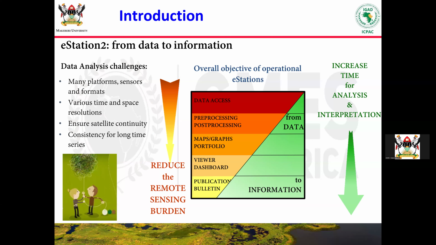Those are all the challenges that, in addition to what I've mentioned earlier, the data analysis community faces. So on the right, how does the eStation try to do that? First, it reduces the remote sensing burden. When you get a remote sensing image, you need to generate a product from it.